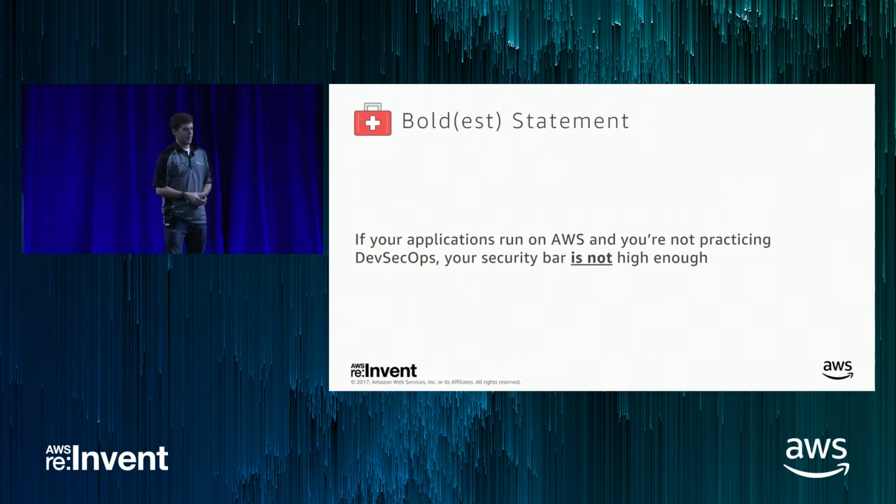Probably the boldest statement I'm going to make is that if your applications do run on AWS and you're not practicing DevSecOps at all, your security bar is frankly just not as high as it should be. And the reason for that is to think about all of the existing processes you have for security policy that may have been pretty paper-centric and process-centric, to define what types of infrastructure must be encrypted and what the process is for changing firewall ports. Those types of processes and the amount of lead time that you had baked into them are not the same speed with which malicious actors are working today.